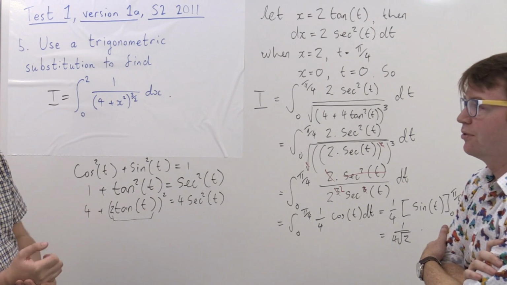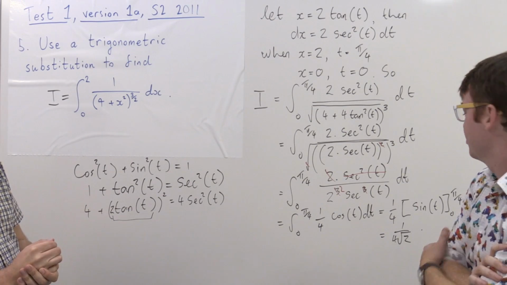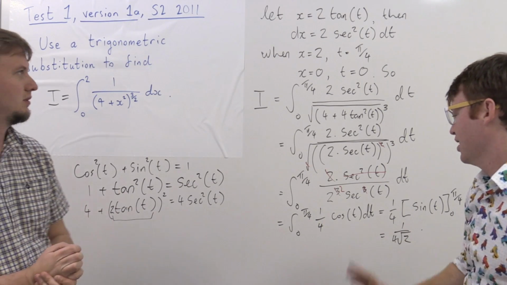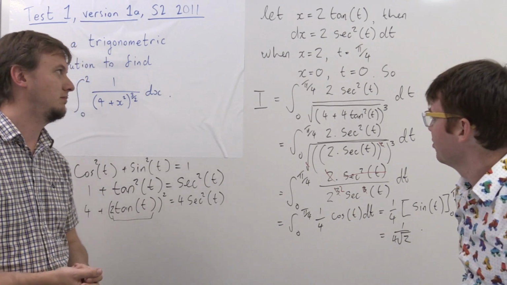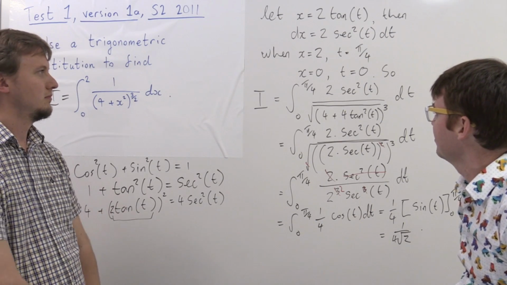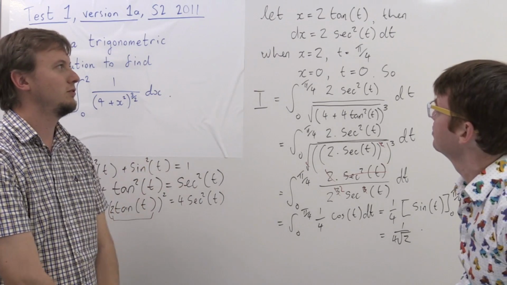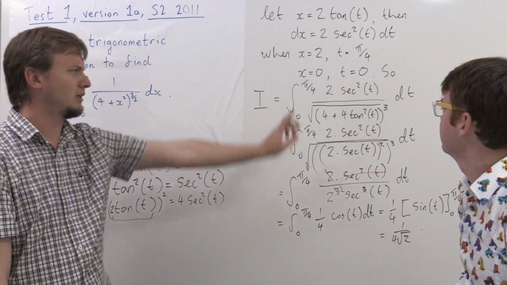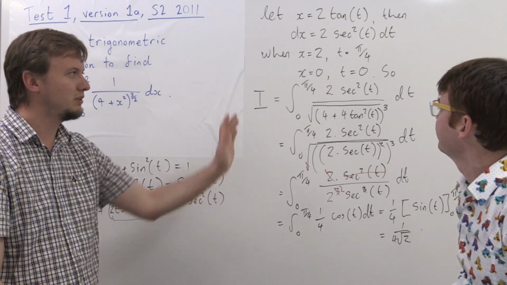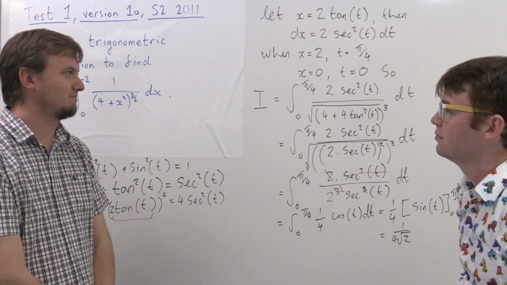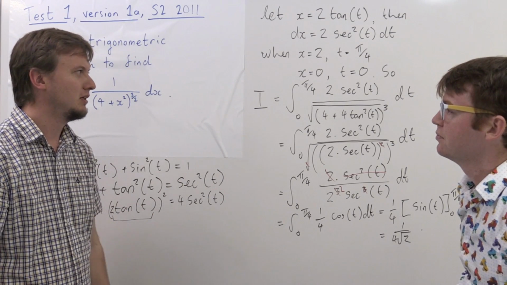What would you have thought for assigning marks to this question? Of course, one mark has to be for just getting the right answer. But where would you have, say, given them 1 mark? It's hard to say. I mean, knowing what substitution to do is very important, but also someone who didn't do the change of limits, I feel like that has to be.